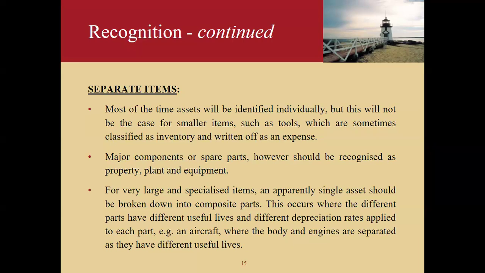So this particular point is trying to bring out cases where we have one asset, but with different components that are very huge and major, and they have different useful lives, and they are depreciated differently. So we have to recognize each on its own. So they've given us a very good example of an aircraft.